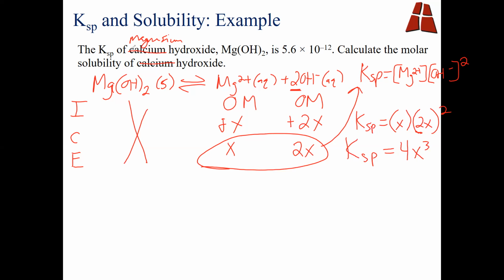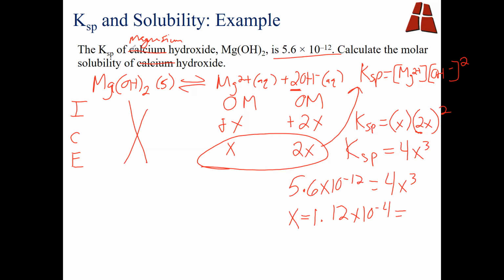We plug in our Ksp value, which is given to us in the problem, 5.6 times 10 to the minus 12, being equal to 4x cubed. Then we solve for x by dividing each side by 4, and then taking the cube root. I got a value of x equal to 1.12 times 10 to the minus 4.